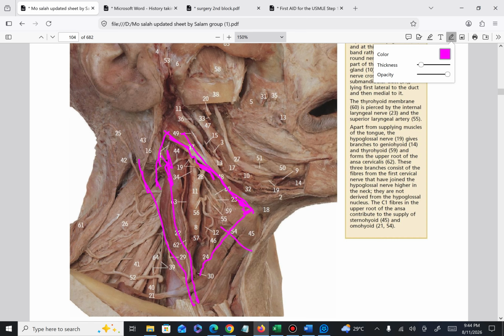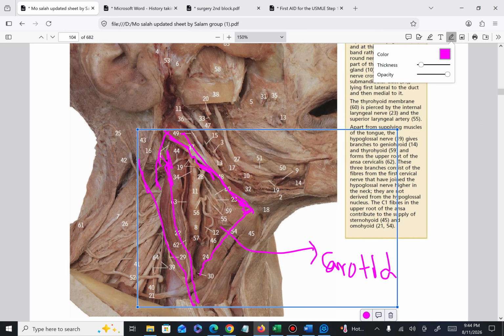So this is the carotid triangle. Why is it called carotid triangle? Because it contains the carotid sheath, which contains the carotid vessels and jugular veins, and also it contains the nerves.